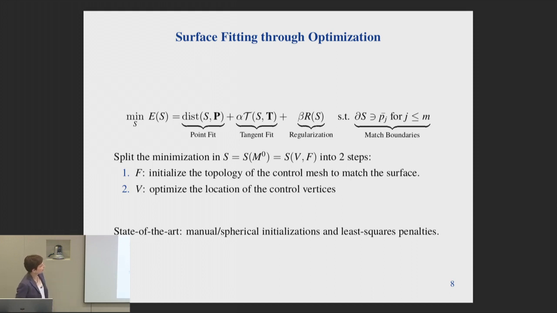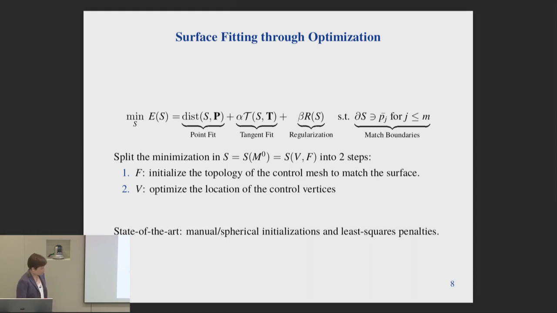You then try to match the tangent plane of the surface with the normals. You have a regularizer to keep things in hand for shape analysis afterwards. And then you have some constraints that I will not dwell on here. It's mostly saying that if you have any information on the boundaries of your surface or your point cloud, you should match the boundaries of your points to the surface boundaries. That's useful if you have partial scans, because otherwise the regularizer will shrink everything.